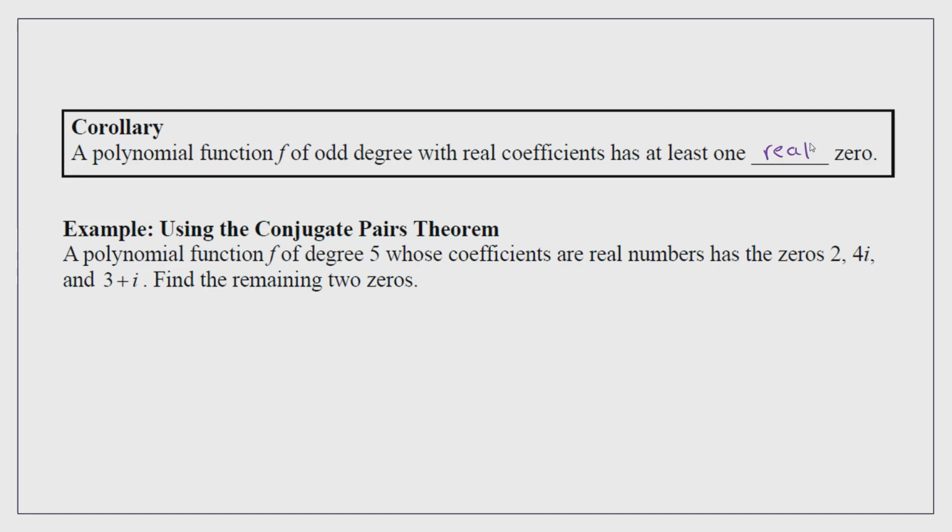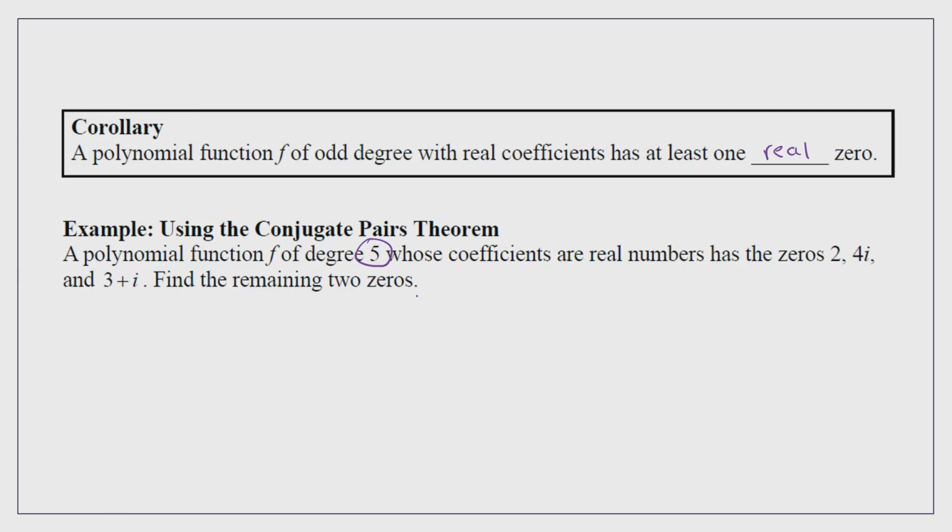In our example, we have a polynomial function of degree 5 whose coefficients are real numbers, has the zeros 2, 4i, and 3 plus i, and we're asked to find the remaining two zeros. We know right off the bat that 5 is an odd number, so our polynomial is going to have at least one real zero.